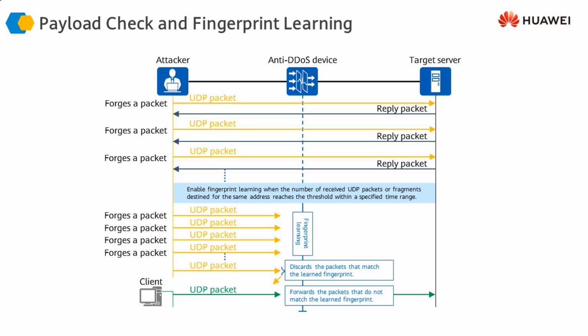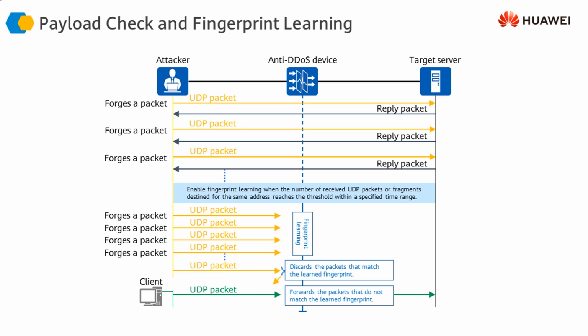In payload check, the firewall checks the payload of the UDP packets going towards the server, and if the payload consists of junk traffic, for example all ones, because attackers normally just fill in dummy data into the attack packets, and if the packet contains repeated characters, for example ones or zeros or some combination of them, this means the payload check has confirmed that this is attack traffic, and the firewall will block that traffic.